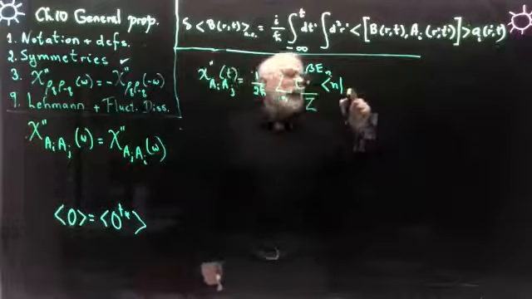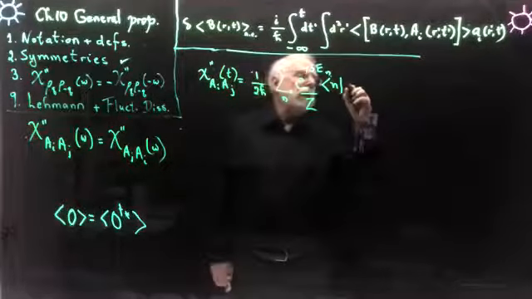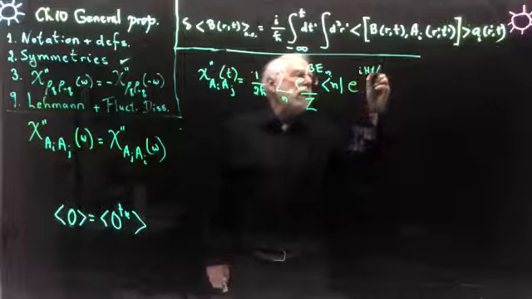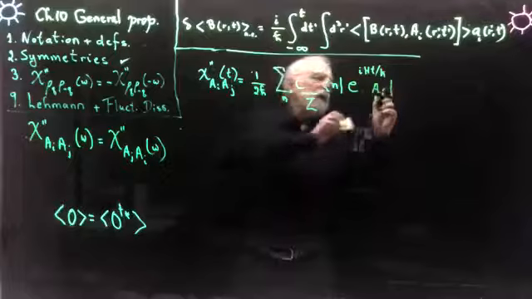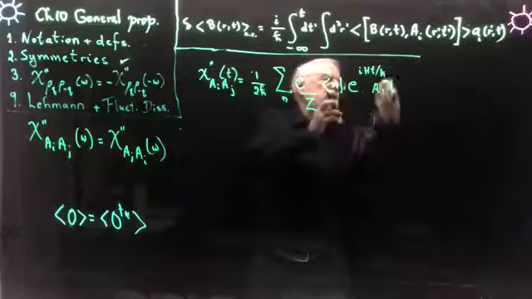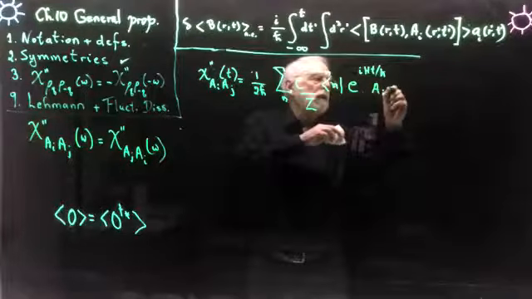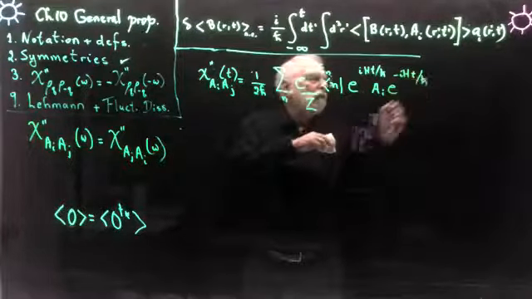Now I have A_i of time, okay? But A_i of time is what? A_i of time is e to the iHt over h bar, A_i, e to the minus iHt over h bar.